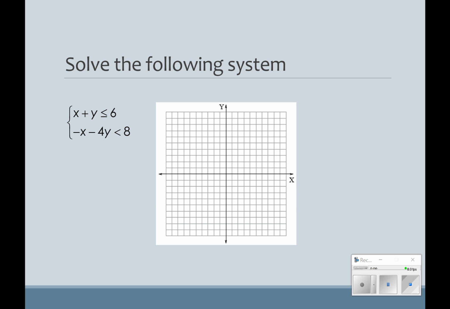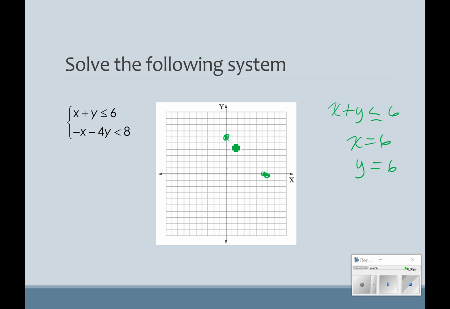Great, I've got x plus y is less than 6. Remember, we can use our x and y intercepts. Okay, here my x-intercept is going to be 6. My y-intercept is going to be 6. Remember, I just put 0 in for the opposite variable. So x is 6, and y equals 6 is here.